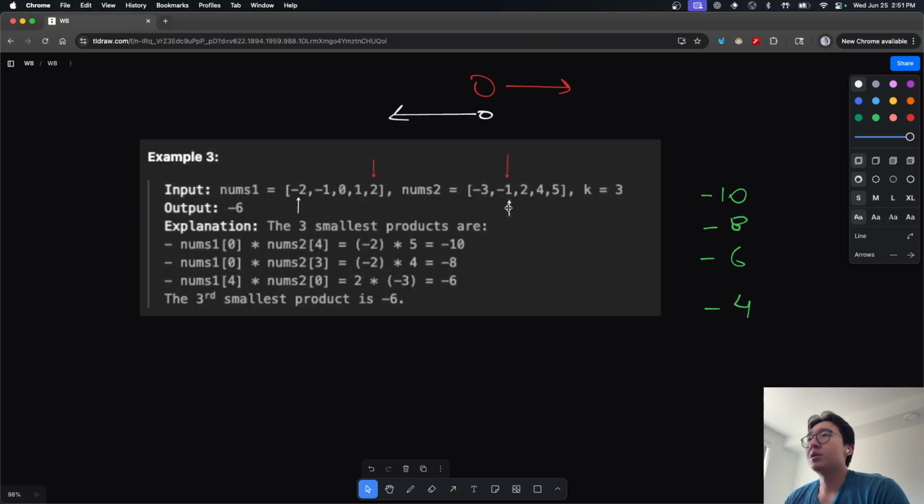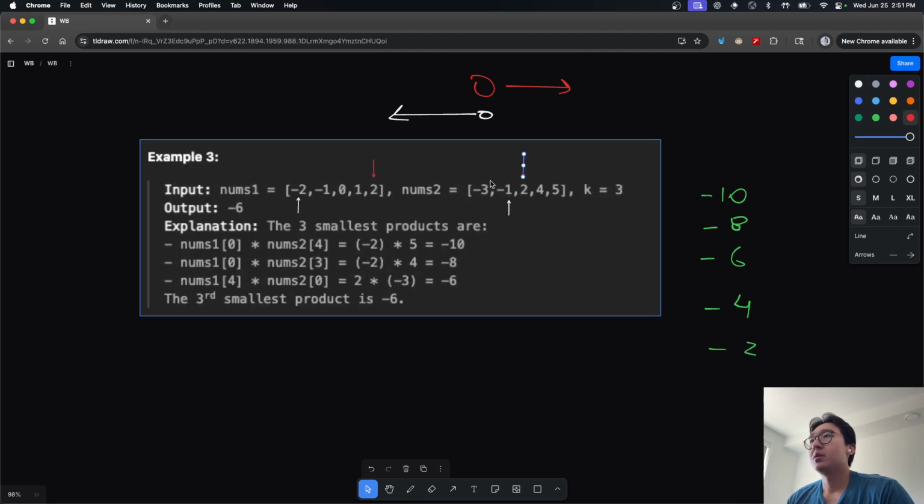And then the bone goes here. Now it's -1 times -2. Goes right here. We go -2. And then this is -1. We actually want to move this to here now, right?